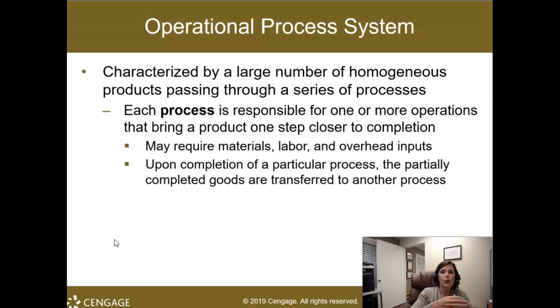It's going into the cutting department, then into the assembly department, then into the staining department, and then into finished goods. At any one time, we could have a raw materials inventory, work in process inventory for each of those three departments, as well as items sitting in our finished goods.